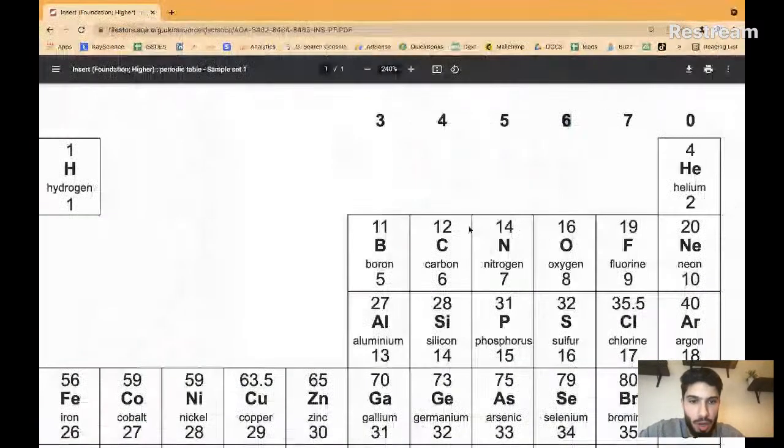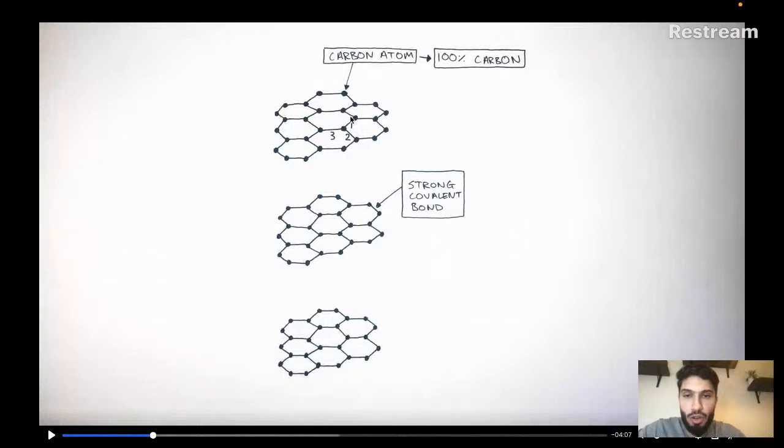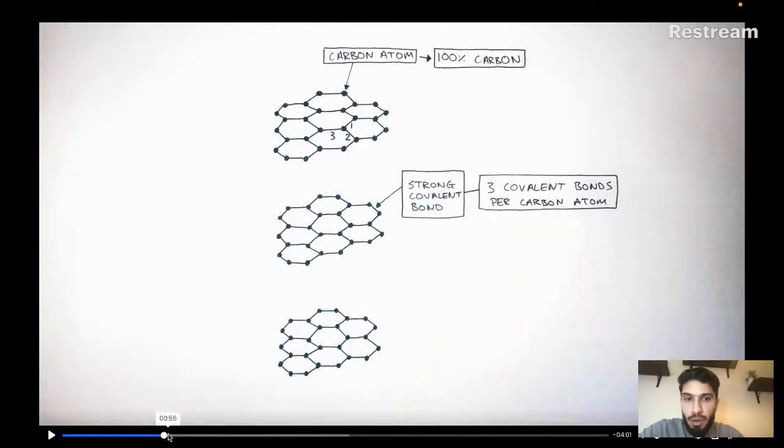This means that when we look at carbon, we know that carbon's in group 4. If there are 3 covalent bonds, that means 1 electron is going to be spare because carbon should be forming 4 single covalent bonds, but only 3 covalent bonds are formed. So there is 1 spare electron.